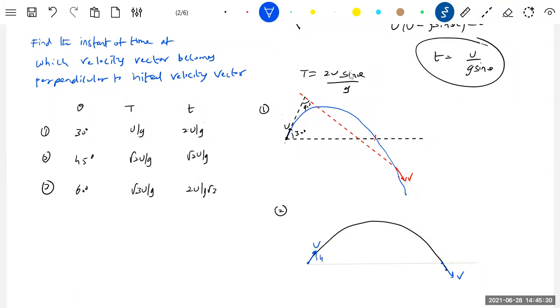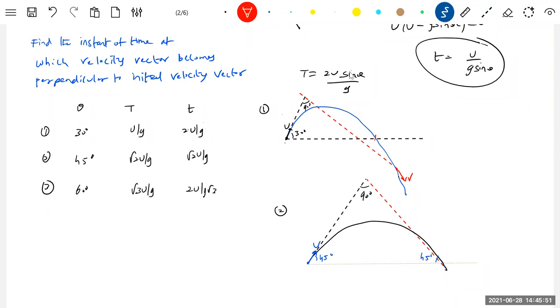Here v, 45 degrees, 45 degrees. I think we need this background.